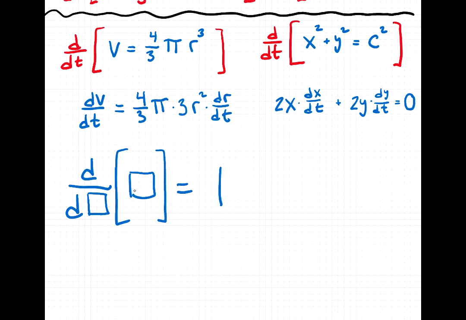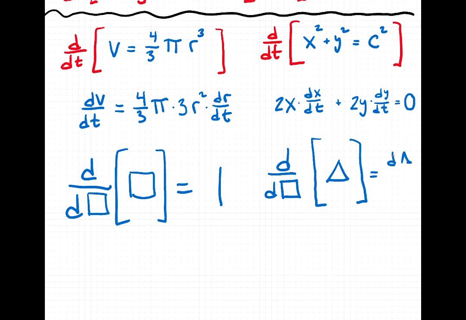If they're the same, you get 1. If you have the derivative with respect to something here of, I don't know, something else, we'll say a triangle, you get d of that over d of that. I guess it's a sort of loosely informal way of distinguishing the difference.